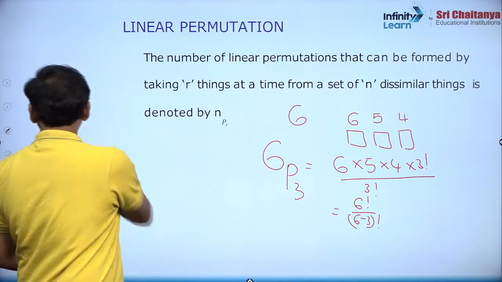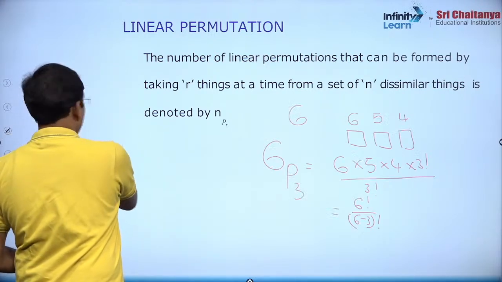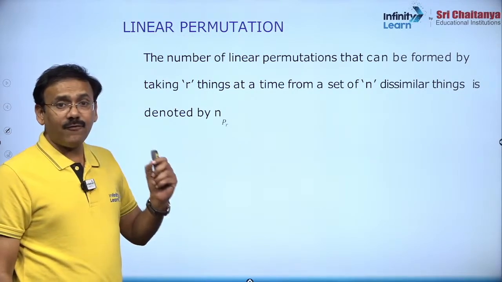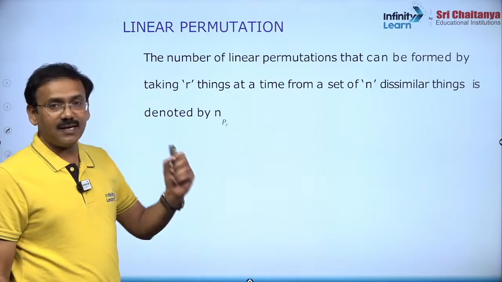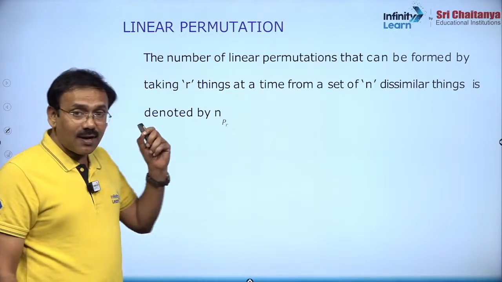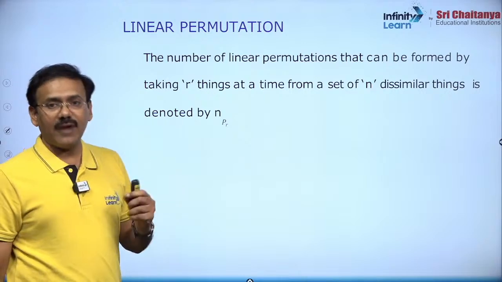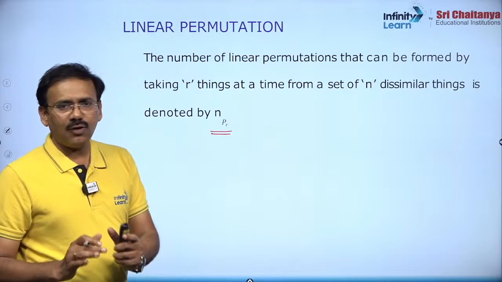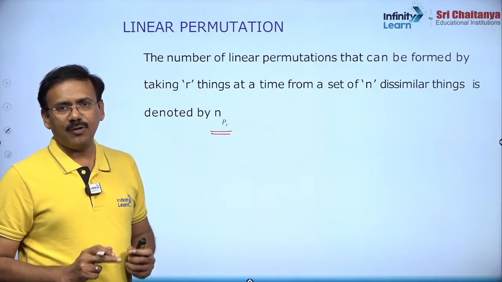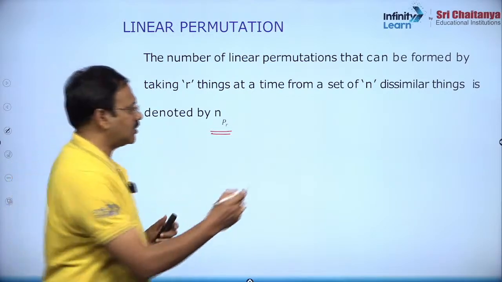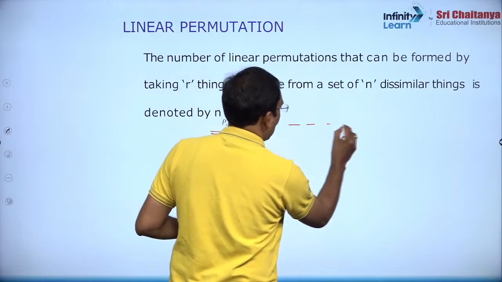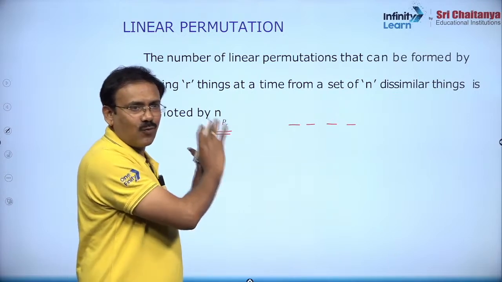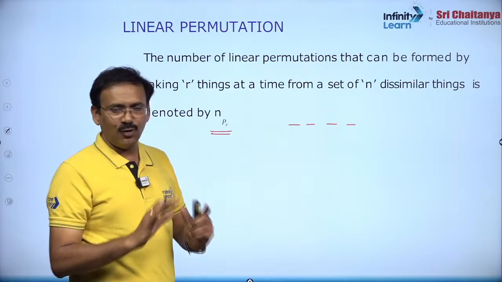So, dear students, I tried to give 2 fundamental points with the help of which we develop the total theory. Coming to the first point, my dear friends, the number of linear arrangements that can be formed by taking r things at a time from a set of n dissimilar things is denoted by nPr. We have 10 students, 4 chairs. In how many ways can we arrange? If you don't understand whatever I have discussed earlier, no issue.